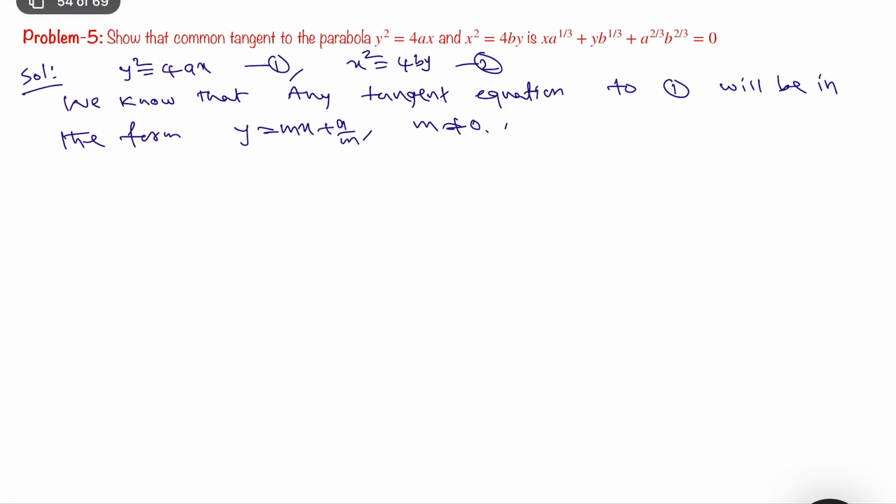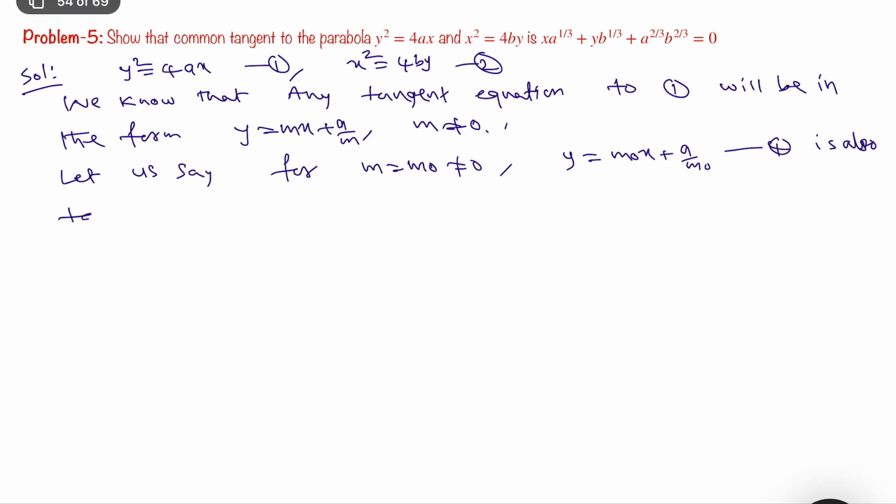Now let us say for a particular value of m equal to m naught, the line y equal to m naught x plus a by m naught, let me call it 4, is also tangent to parabola 2.